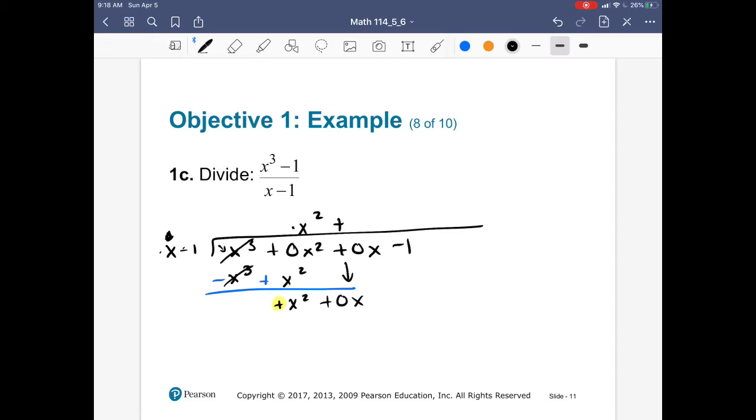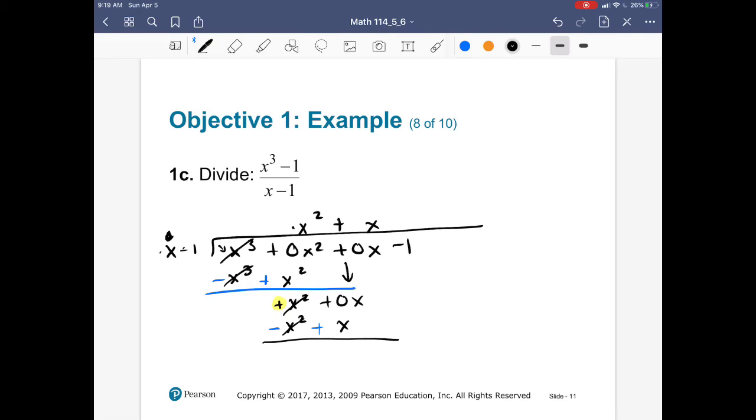So this first coefficient in the remainder side has x squared, and my dividend only has one x, so I'm missing an x. So x times x is x squared. X times 1 is x. Now the signs, a positive times a positive makes it a positive. Change the sign, so that's a negative. A negative times a positive makes it a negative. Change the sign, so this is a positive.